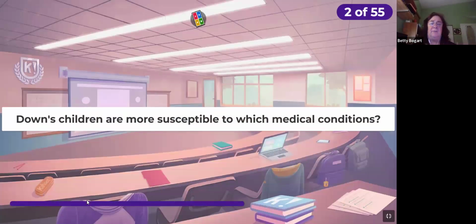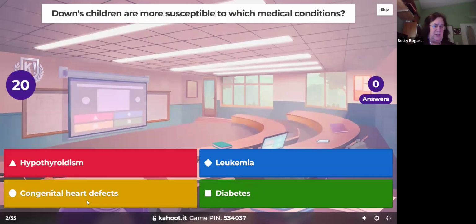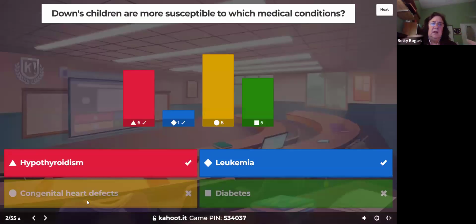Down's children are more susceptible to which medical conditions? This is right off of your discussion question. And this is part of the comments that I wrote there. Hypothyroidism, leukemia. Oops, I forgot to change it.